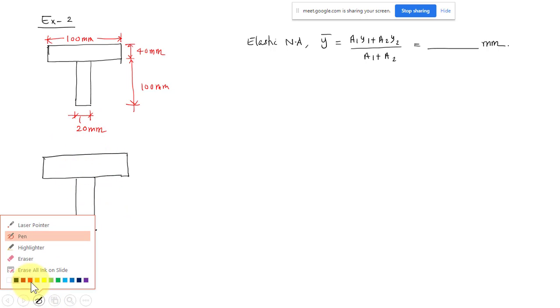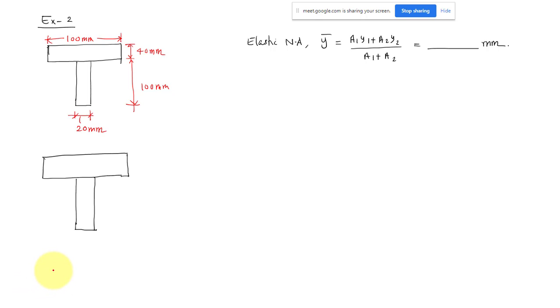So where will the location of the plastic neutral axis be? It has to be in the flange only, because the area above and the area below must be equal. So this is the plastic neutral axis.